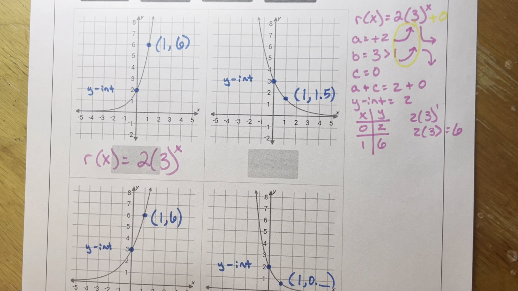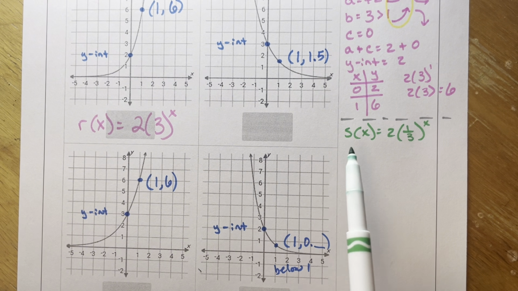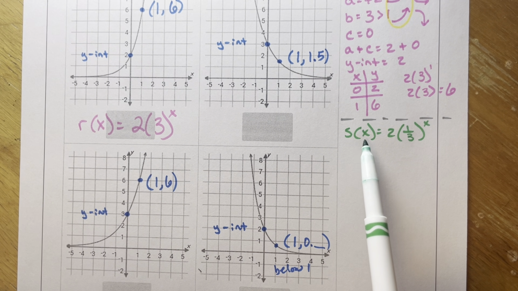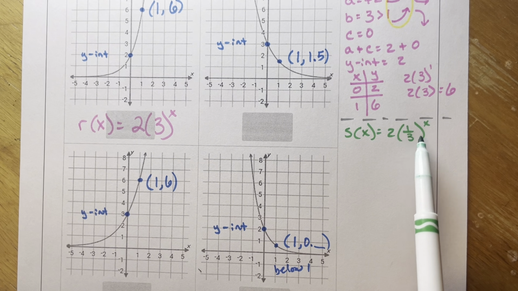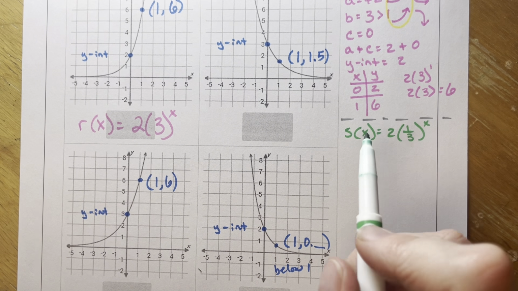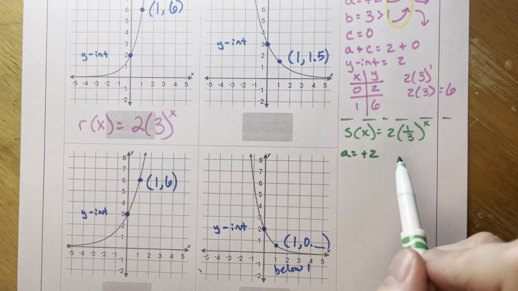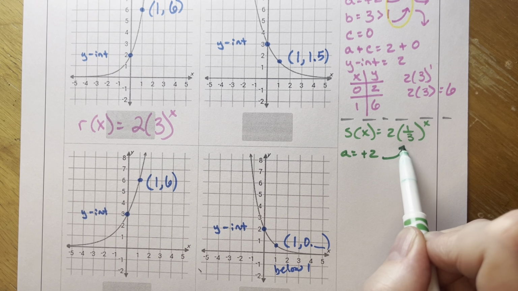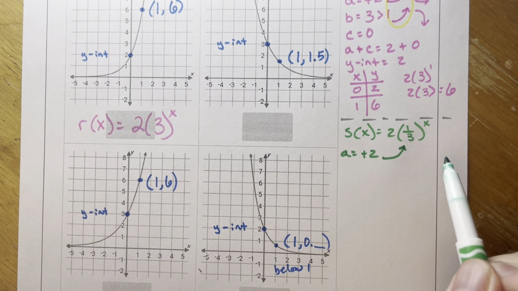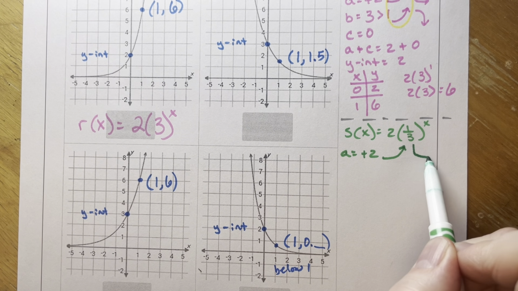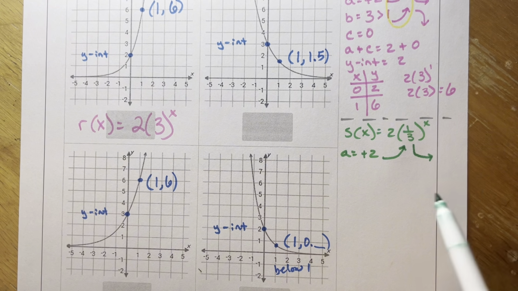Our second function to work with is s of x is equal to 2 times 1/3 to the x power. So let's get started. A is a positive 2, so that tells us that we are going to be traveling up and to the right, nice and steep, or coming down and traveling to the right, flattening out.